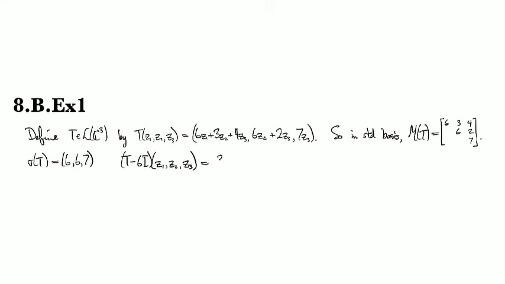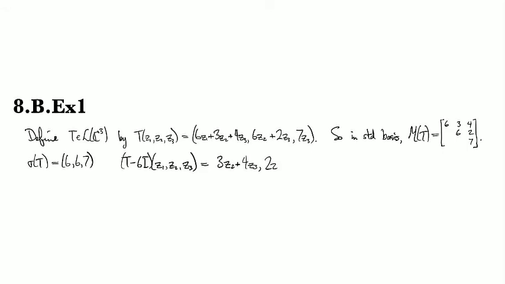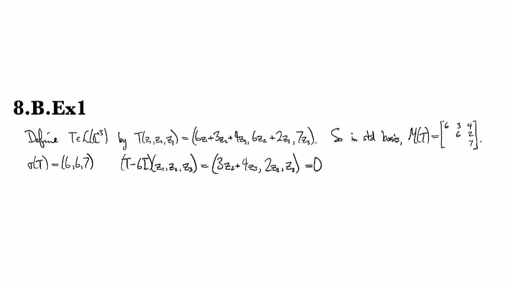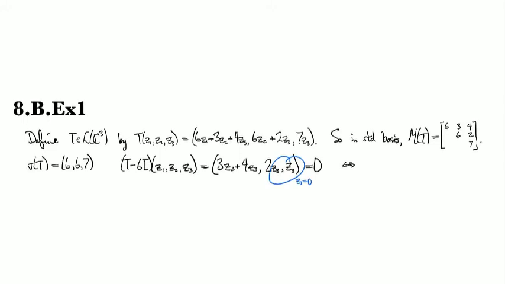3z2 plus 4z3, 2z3, z3. So now if that's equal to 0, that can only happen if and only if, from this part right here, we're going to need to have z3 equal to 0.